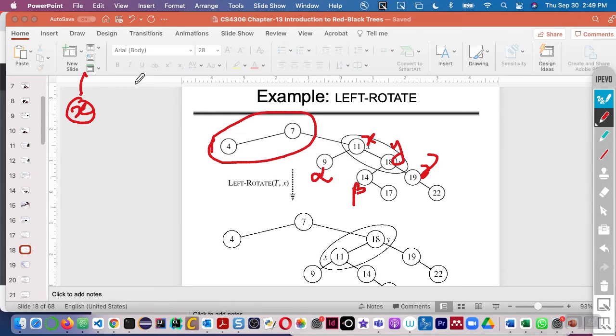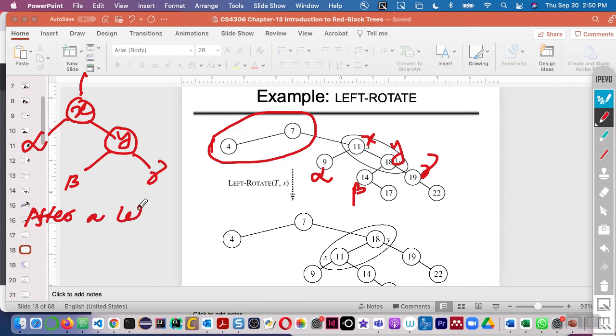We saw previously that it was hanging with x. Let us recap the previous rotation. x had alpha and y, and y had beta and gamma, right? So how did we do left rotation?